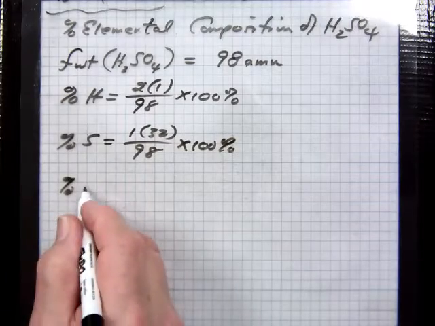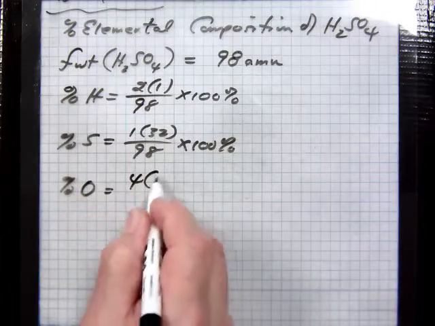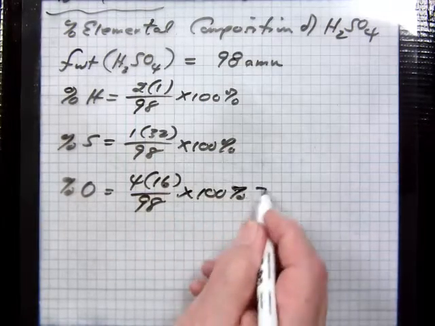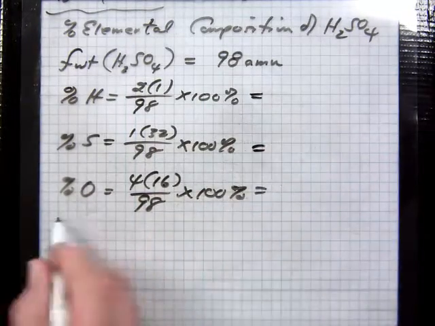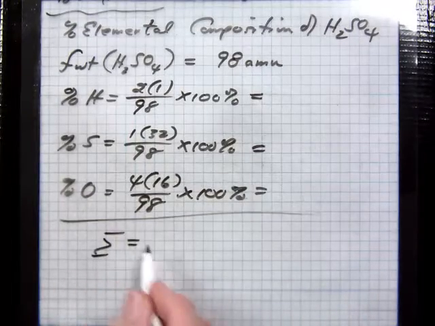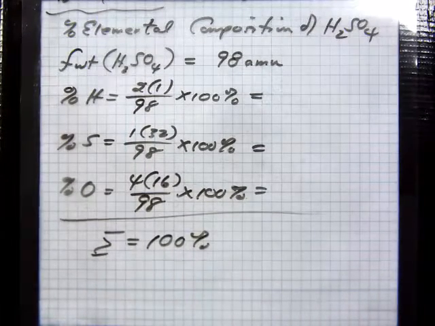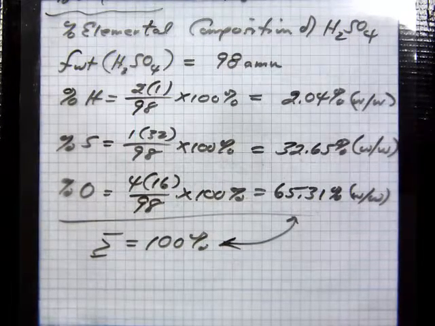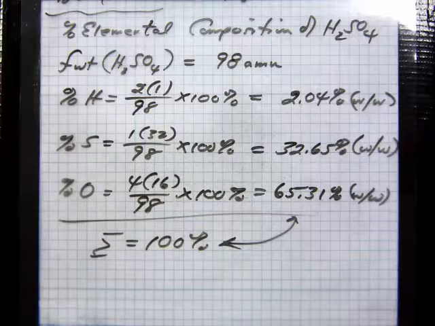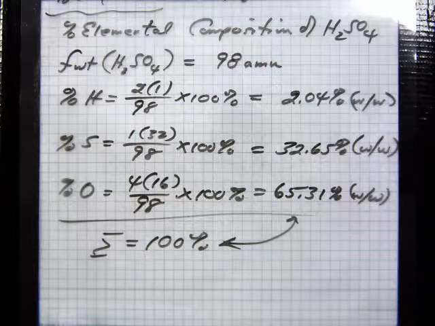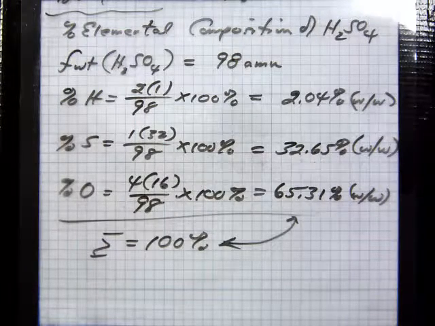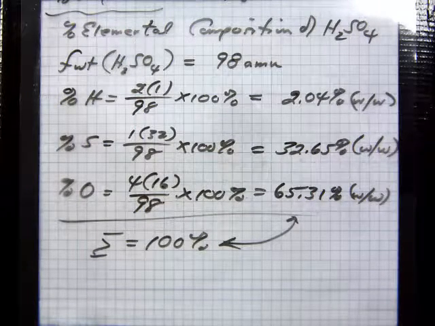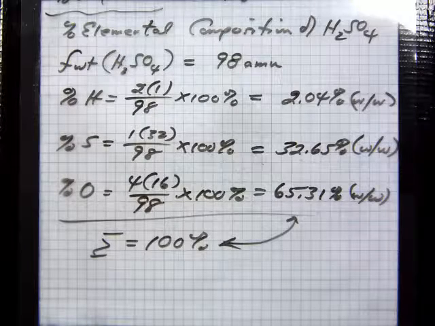And for percent oxygen, we have 4 oxygens, 4 times 16, over 98 times 100%. Always the sum will give you 100%. For reference in your notes, you might want to jot these values down and have a look. Any questions on that?